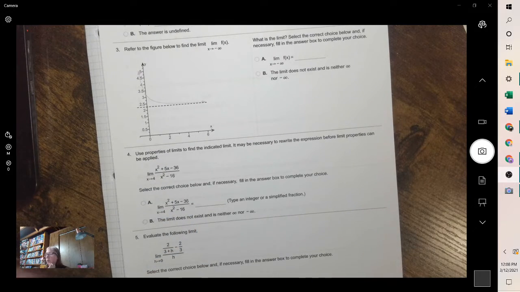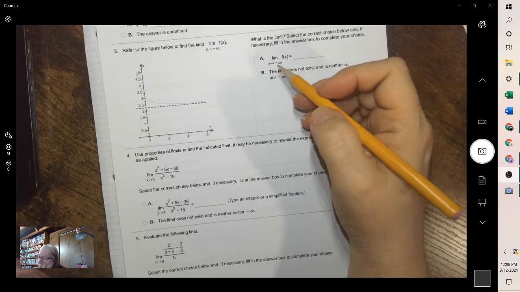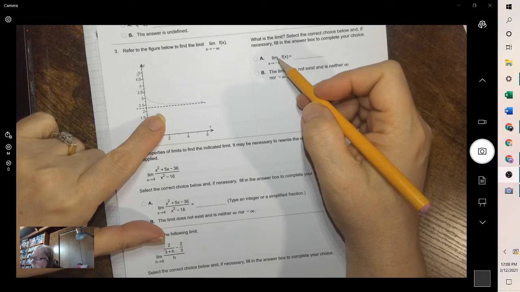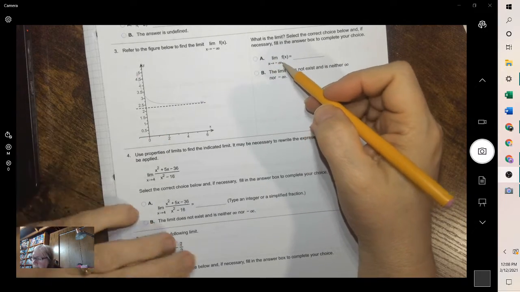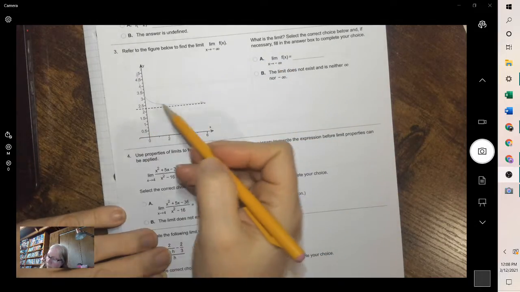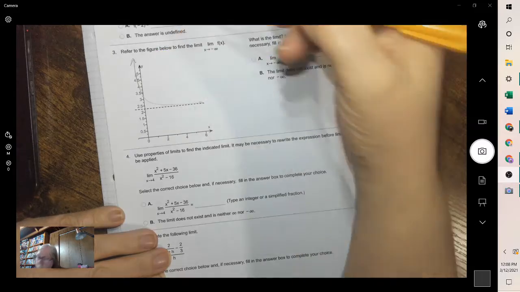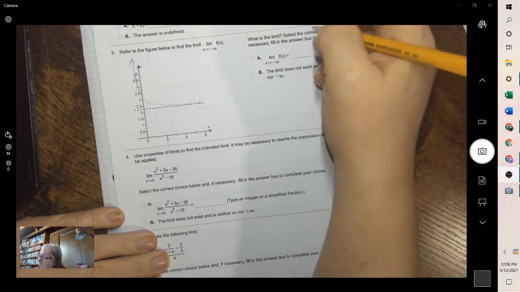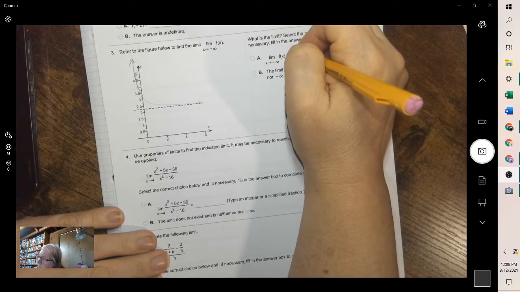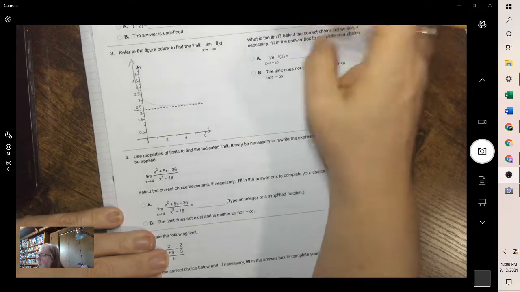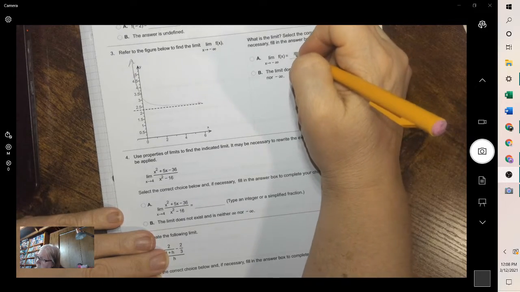Okay, limits to infinity. When you're looking at a graph, this one's saying the limit as x approaches negative infinity. X going negative infinity is going this way, so the graph is going up. You don't have to put the plus sign for positive. It's positive infinity.